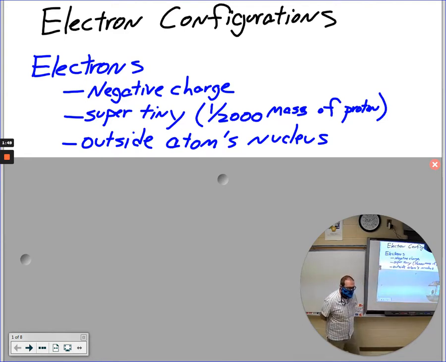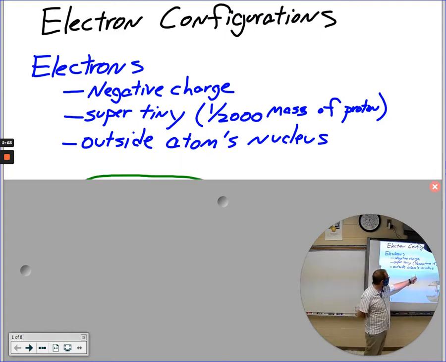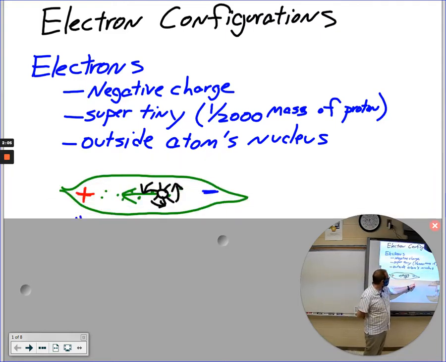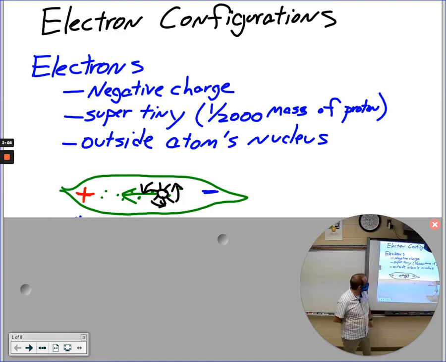Can anybody recall for me the name of the experiment where they first learned that electrons were a thing? I'll give you a little hint. Cathode ray tube experiment, very good.